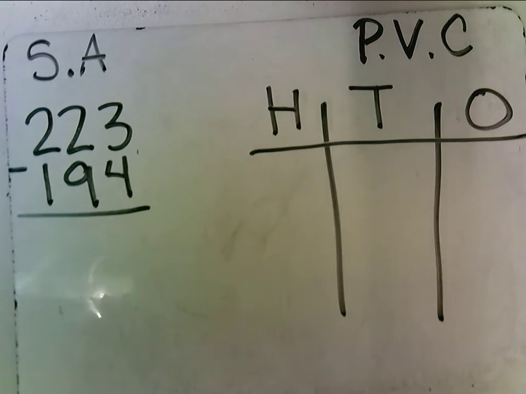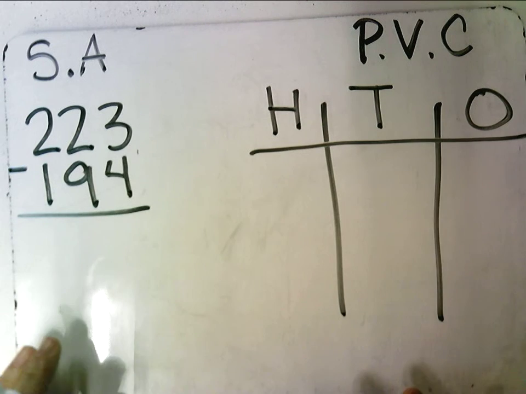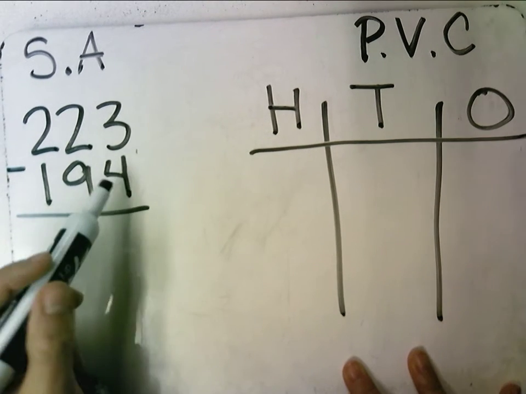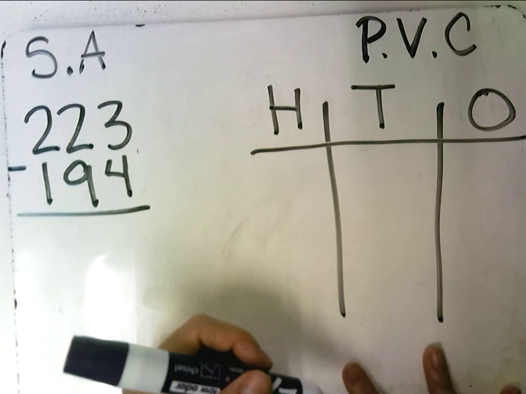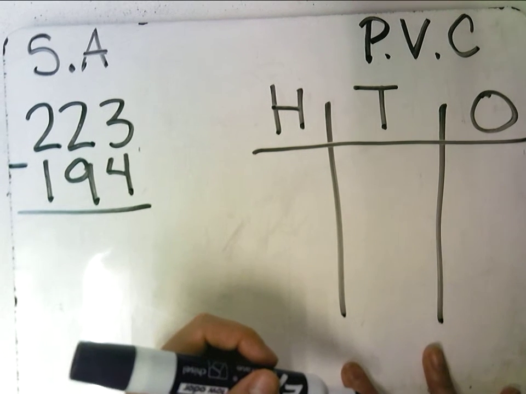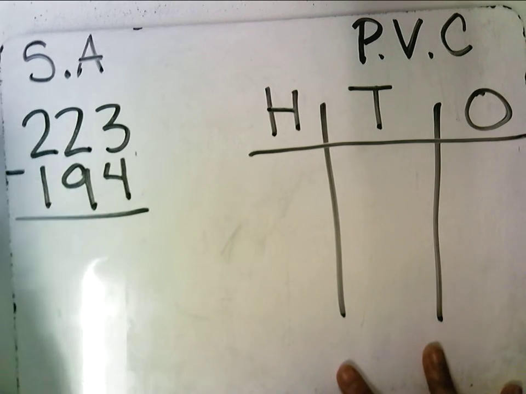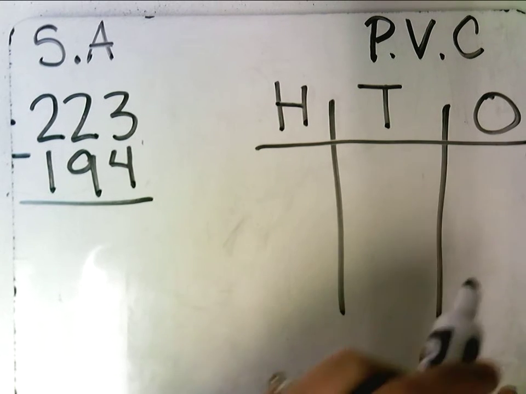Okay, so as we're solving this one, I'm going to be walking you through each step. So let's just look over here really quickly. Can we subtract 4 ones from 3 ones? We can't. So we have to unbundle. So again, we're going to represent 223 in our place value chart.